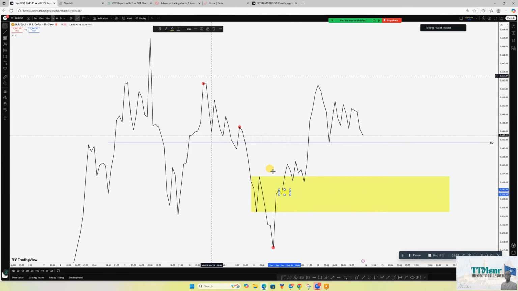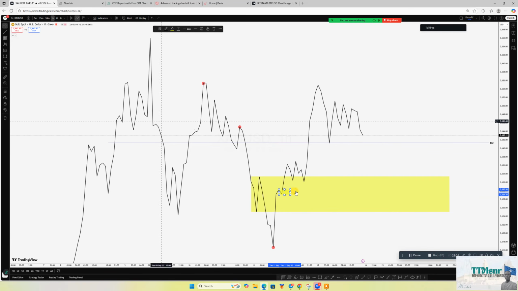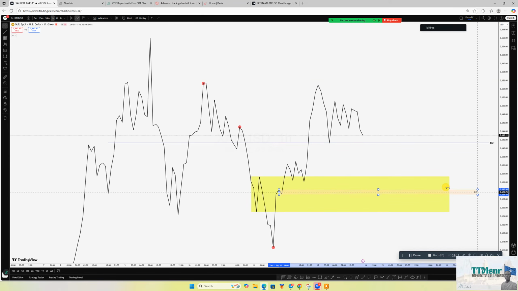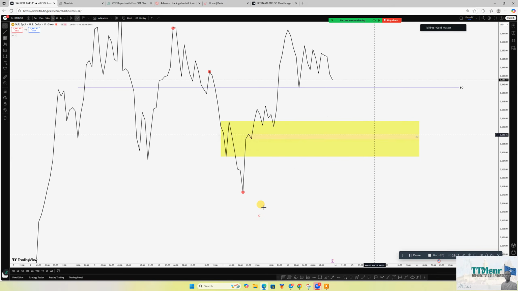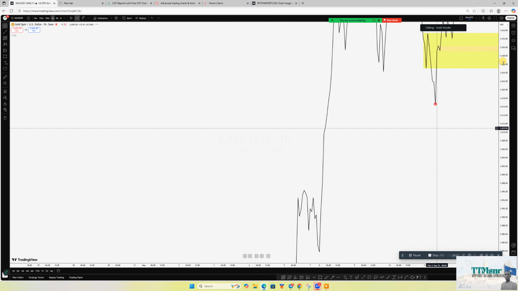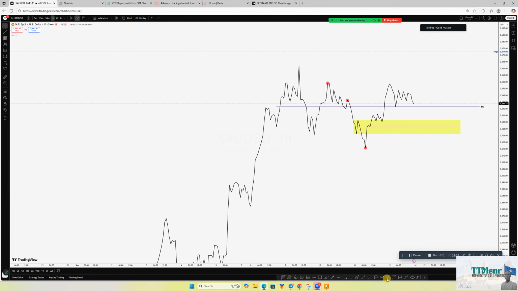You guys see another zone which is inside, right? There's another zone inside, and you can also add another confluence, which is a trend line, to make sure this area is exactly the right area.